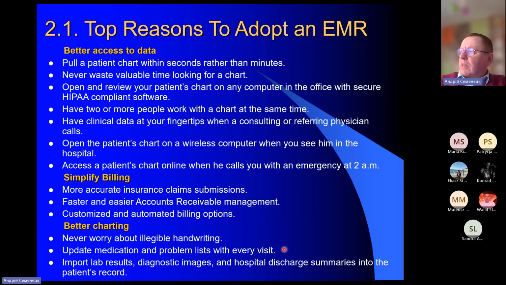Of course, there is the potential to exchange information between facilities, and additional benefits like easy accounting, statistical access, educational access, and so on. So there are plenty of reasons to adopt.